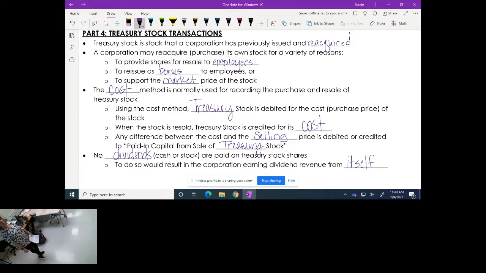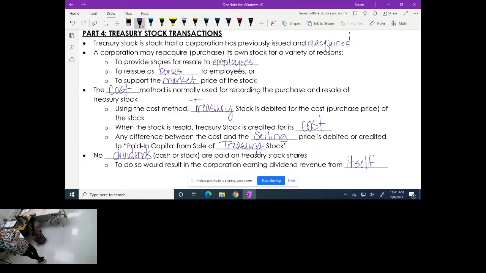Or to give bonuses to employees by way of shares of stock. So let's say the market price on the corporation's stock has gotten low. They'll buy a bunch of shares back so there's not so many out there. Law of supply and demand, if they're not out there, the price may go up. That's what they're hoping for.